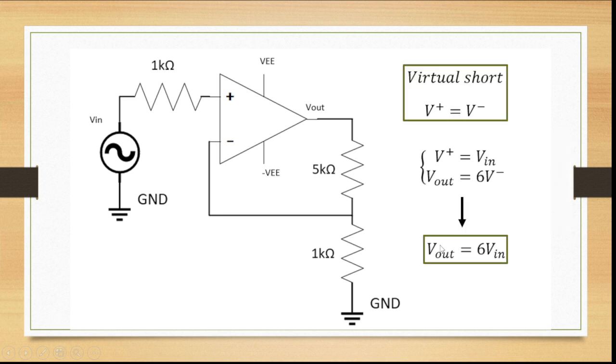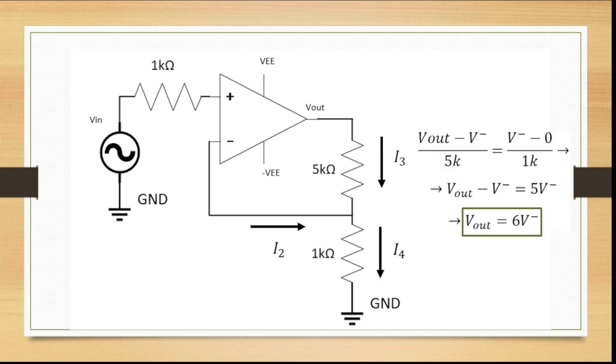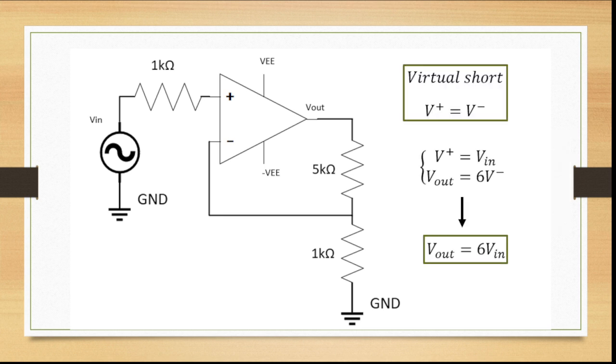Now we will do the third step, which is setting V plus equal to V minus. If you remember, previously I said that V plus is equal to V in, and now we found that V out is 6V minus.